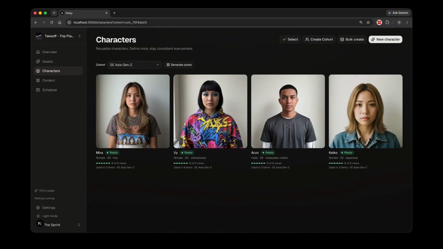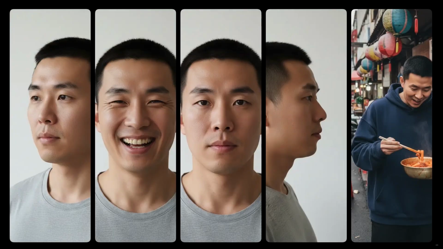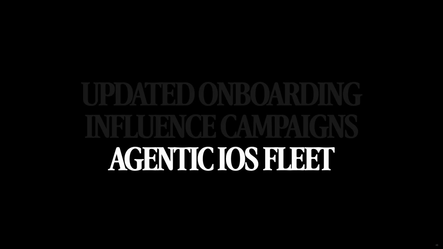So helpful niche-down accounts per market that we enter. And we've achieved incredible character consistency and realism, and it's super exciting. And the last topic update is the agentic iOS fleet.